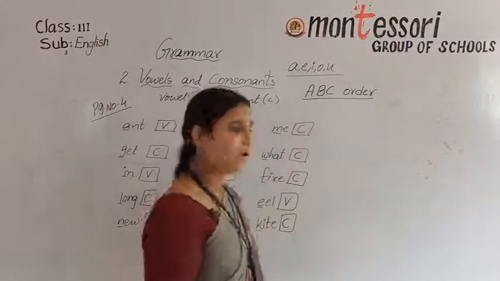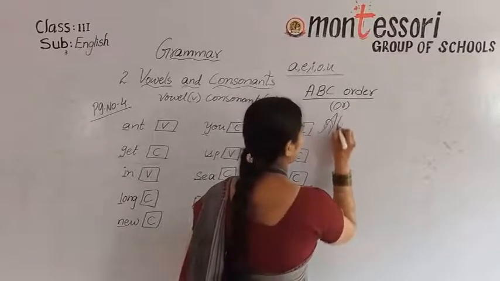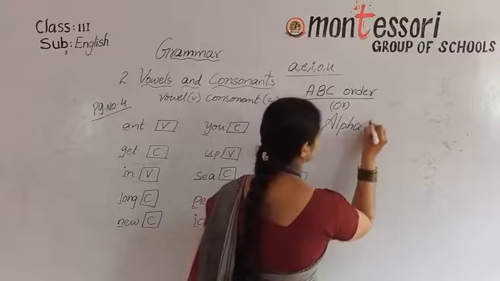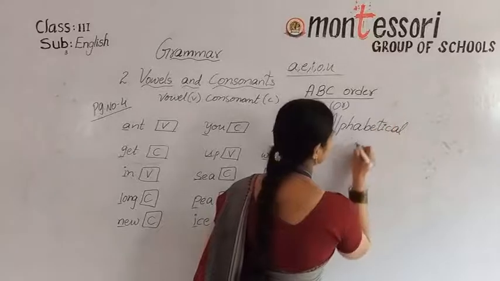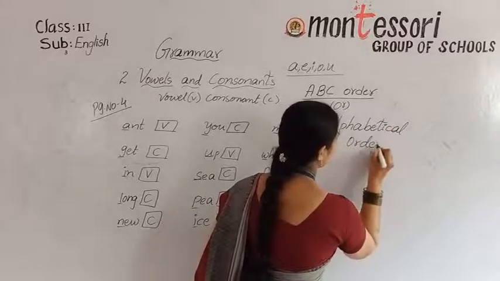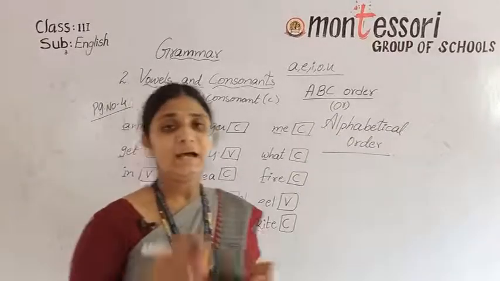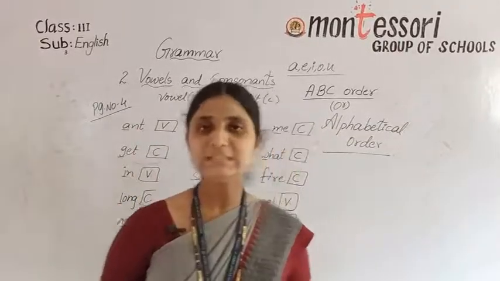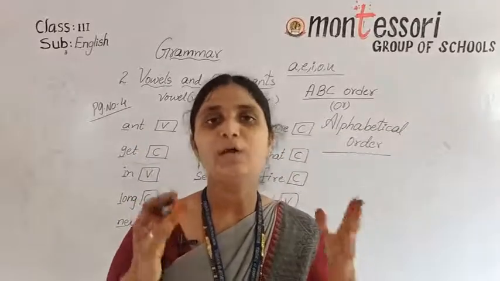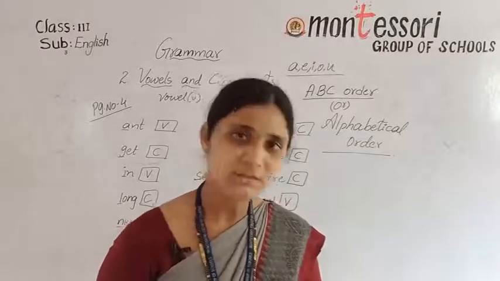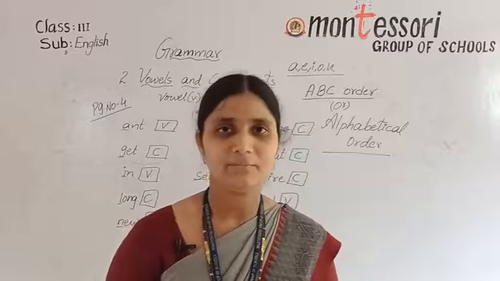ABC order, or we have one more name, alphabetical order. Okay, my dears. See once again, the arrangement of those 26 letters in a proper order is called alphabetical order or ABC order.